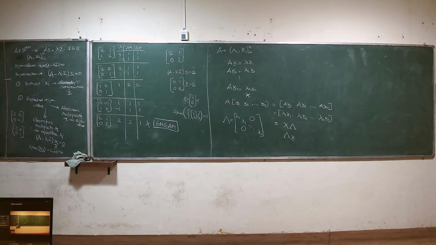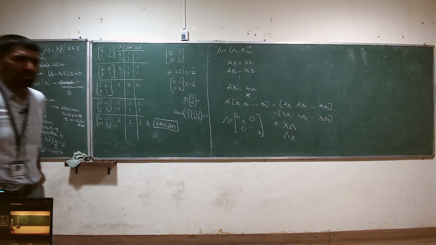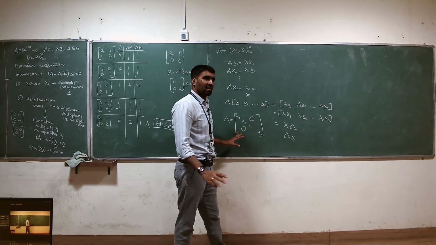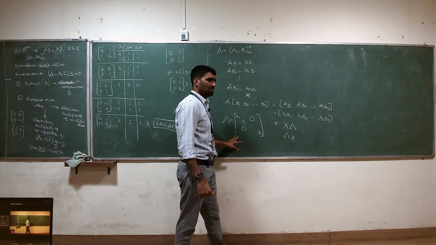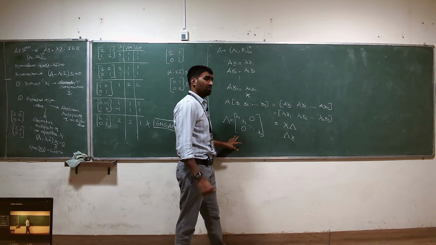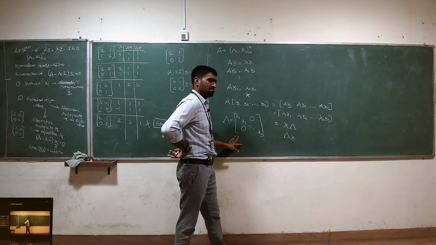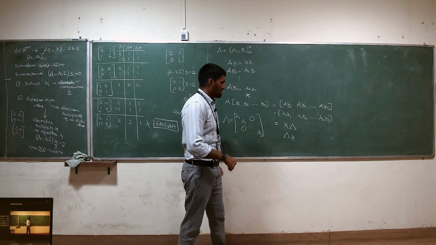They are a diagonal element to be represented as a standard basis instead of x. Sorry, what are you saying? I don't understand. Not a diagonal element, diagonal matrix. Yes. Which matrix? Lambda. Standard basis for E1, E2. Okay. Then capital lambda into E1, E2.